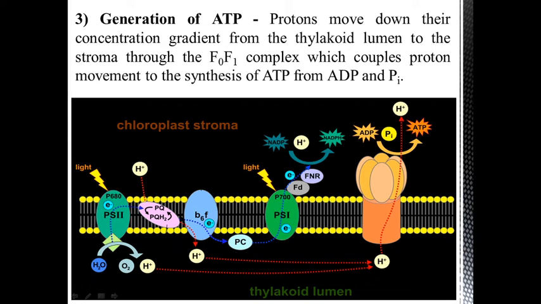In between, a small amount of energy is released by these excited electrons, and this released energy is captured by, combined with these protons, adenosine diphosphate plus inorganic phosphate, which is already present in the leaf, and it is converted into ATP, adenosine triphosphate. This is an energy rich molecule. And now these energyless electrons move towards plastocyanin, then pigment system one.